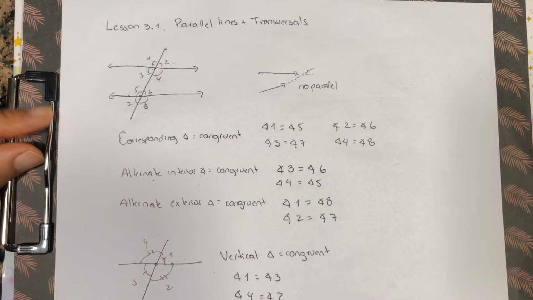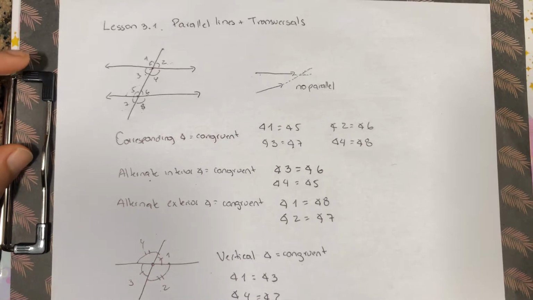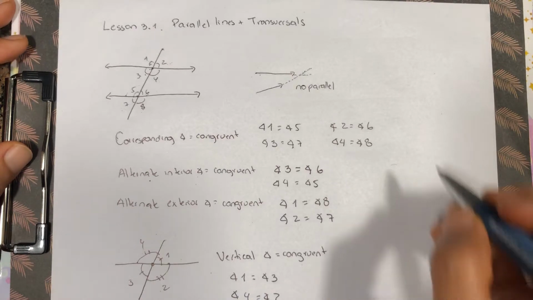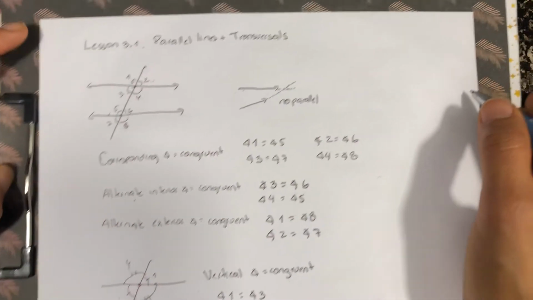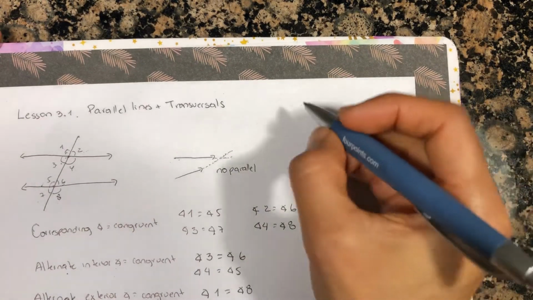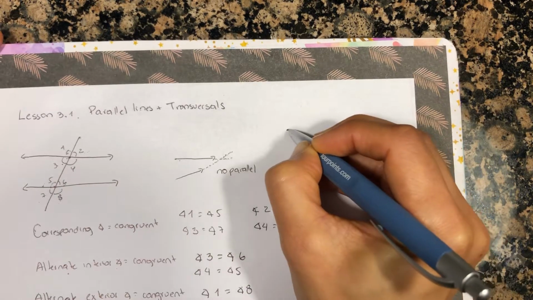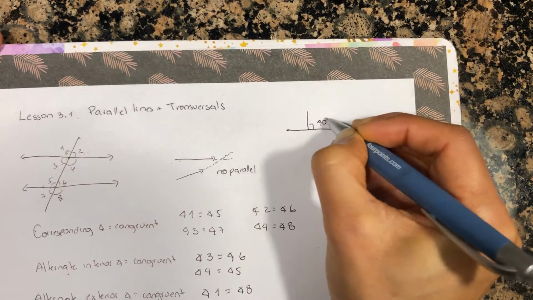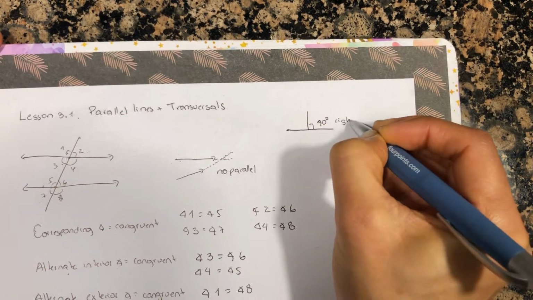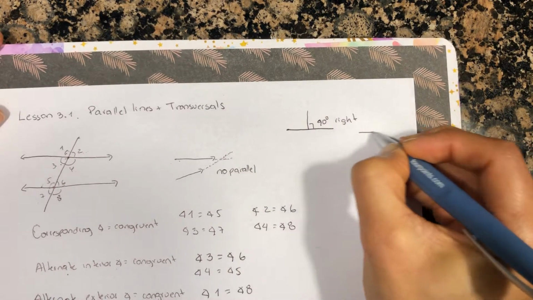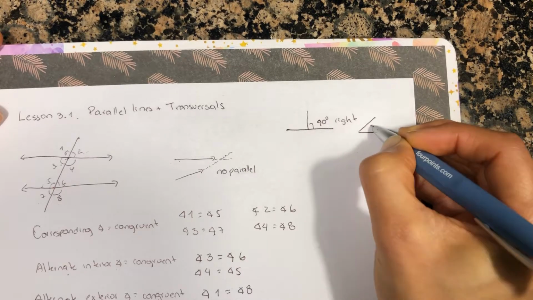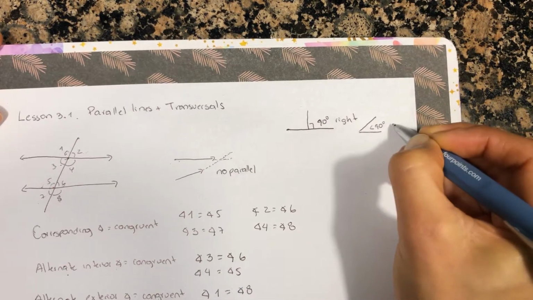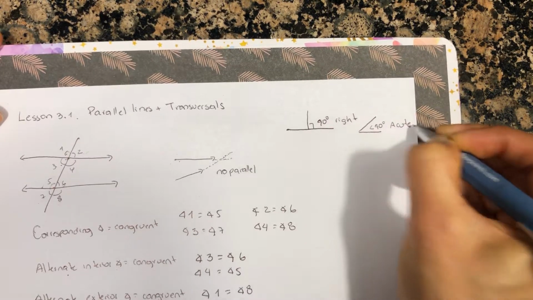Another thing that you will need for this lesson is to remember some terms, like a right angle. A right angle is an angle that measures 90 degrees. This is right. If you have an angle that measures less than 90 degrees, then you have an acute angle.